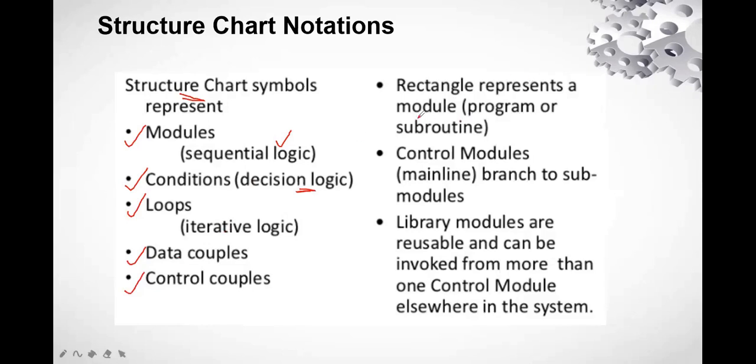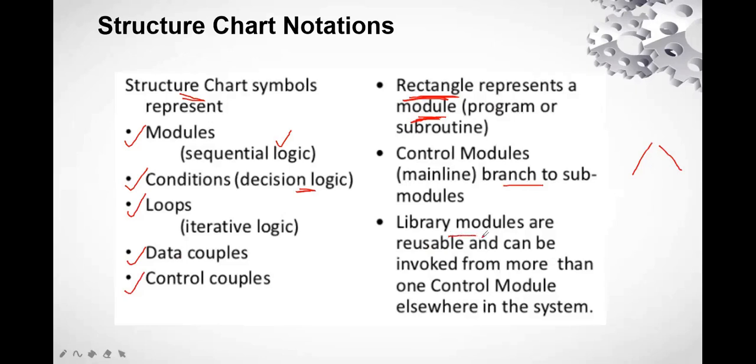Now, what we have to do is represent the module with the help of a rectangular box. With the help of a rectangle box, we are going to define the module. Control modules are defined as the branch to submodules with the help of a main line in this way. This is how we are going to show the control modules. Next, we have the library module.